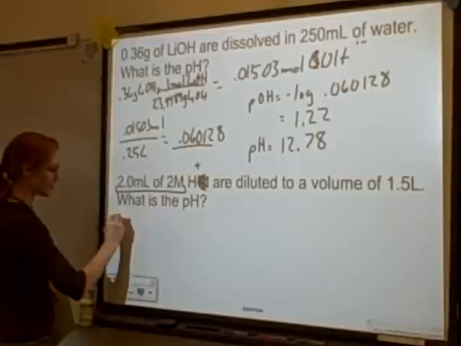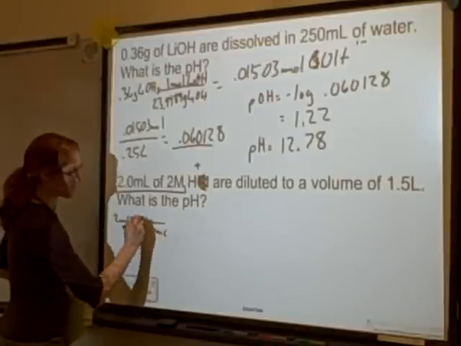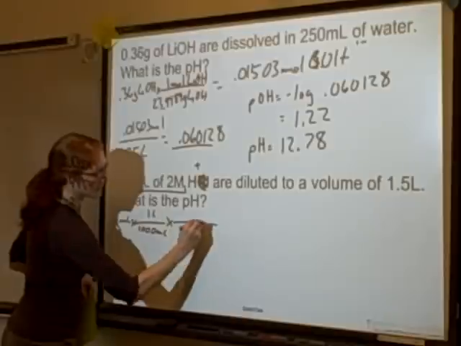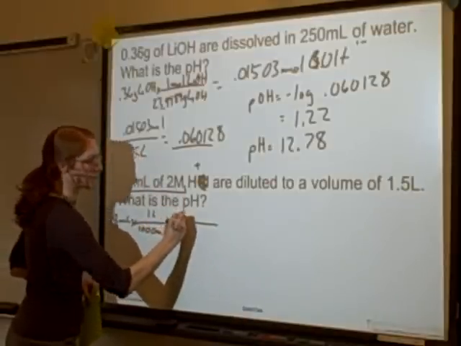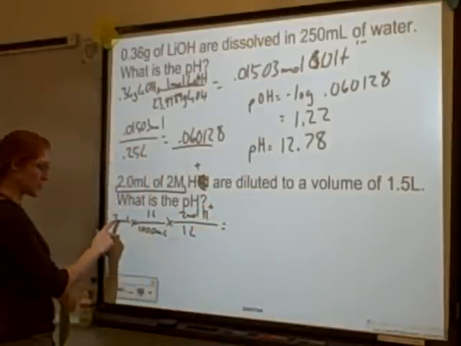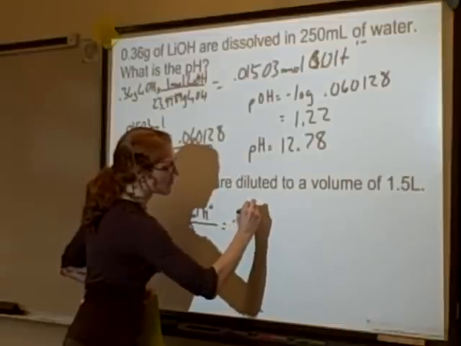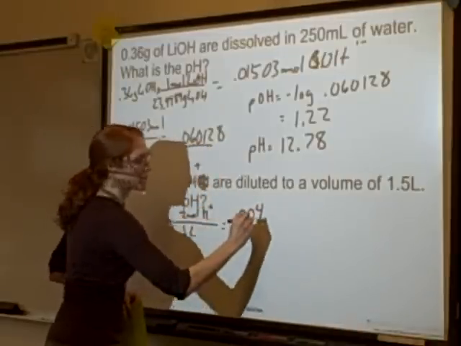So 2 milliliters, there's 1,000 milliliters for every 1 liter, and for this solution, for every liter, there's 2 moles of that H+. That tells me 2 divided by 1,000 times the 2, I'm going to have 0.004 moles of H+.